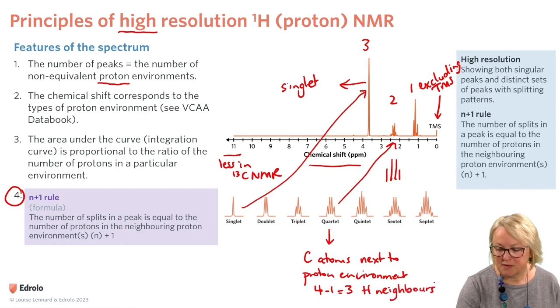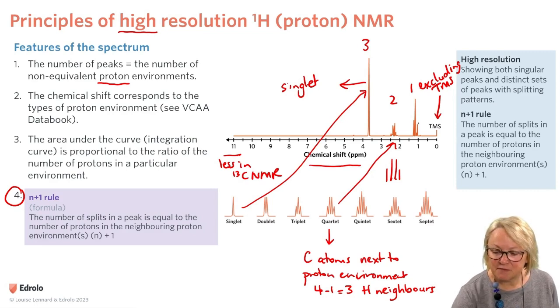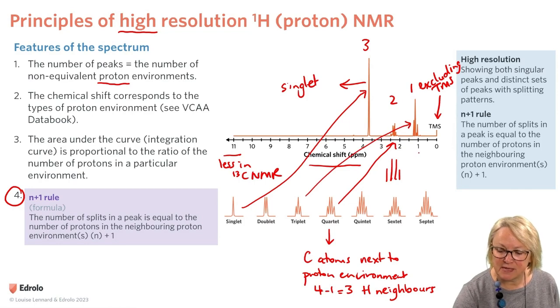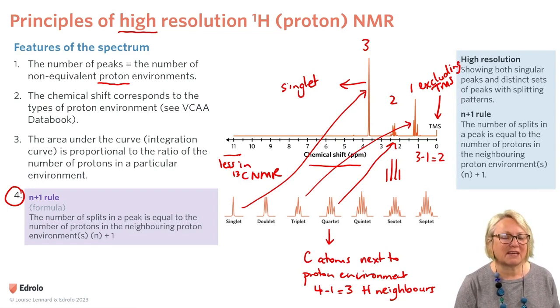So we have hydrogen neighbours attached to adjacent carbons. Here for number 1, that's a triplet, and that means if we get 3 minus 1, we've got 2 neighbouring hydrogens on adjacent carbons. So the splitting pattern helps us piece the information about the molecule together.